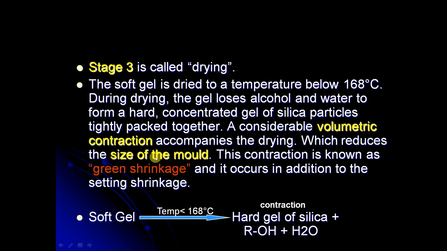Now this contraction is called green shrinkage. This is what green shrinkage is, and it occurs in addition to the setting shrinkage. So the soft gel, when heated to a temperature of 168 degrees Celsius, leads to the contraction and a hard gel of the silica plus water.